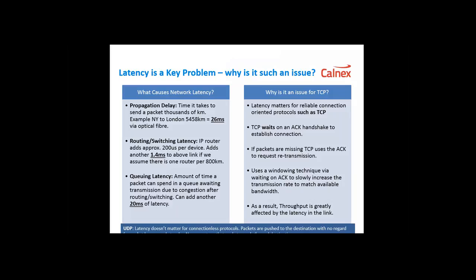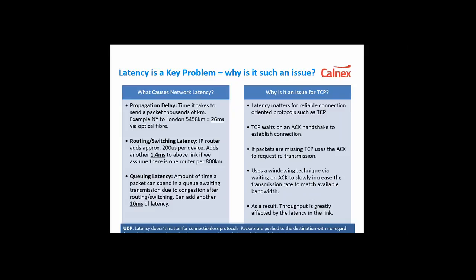The challenge with that kind of latency is that it does matter, as we've discussed before, for a connection-oriented protocol like TCP. The reason is TCP waits on the acknowledgement to establish the connection. If packets are missing or don't arrive within time, it uses the acknowledgement to request a retransmission. It uses a windowing technique, which we'll look at in a little bit more detail, on waiting for the acknowledgement to slowly increase the transmission rate to match the available bandwidth.